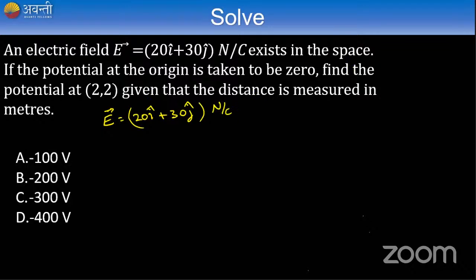If the potential at origin is taken as 0, find the potential V at (2, 2). So how can I write this (2, 2)? This is nothing but 2 i cap plus 2 j cap. Can I write like this?